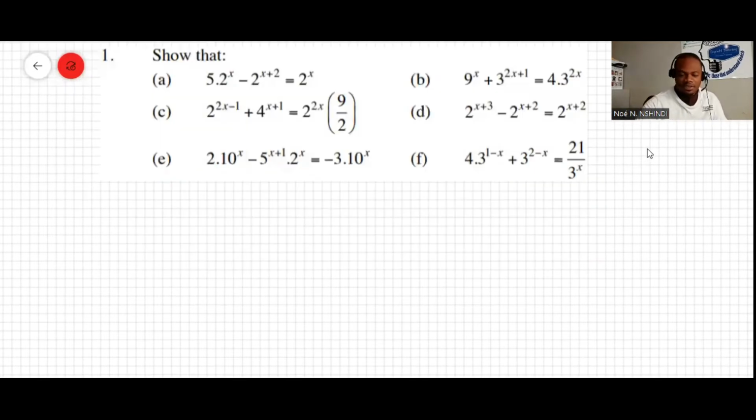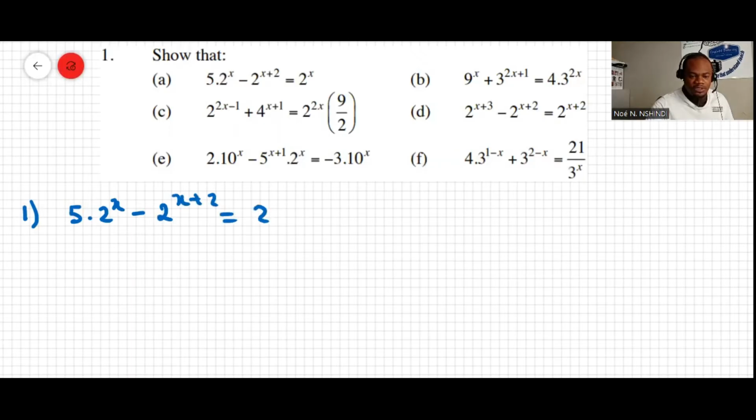Now let's start. I'll write here question 1. It's 5 times 2 to the x minus 2 to the x plus 2 equal to 2 to the x.